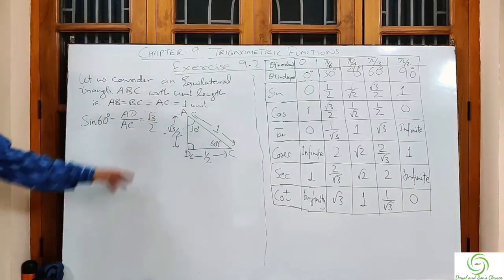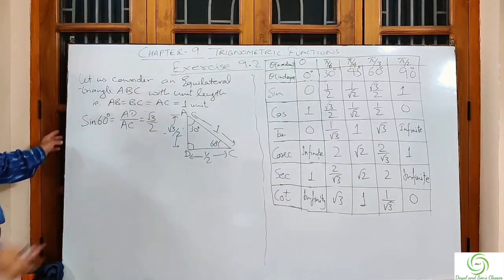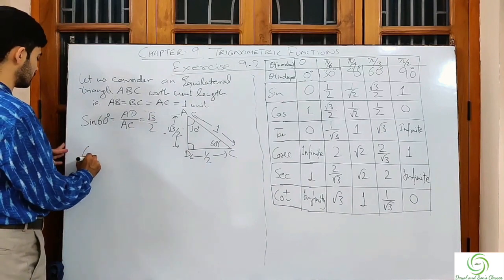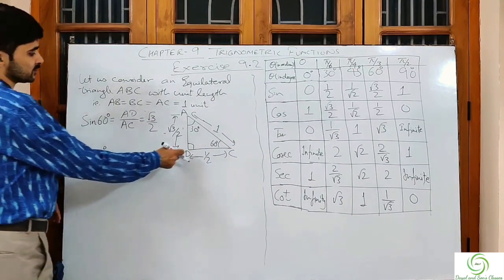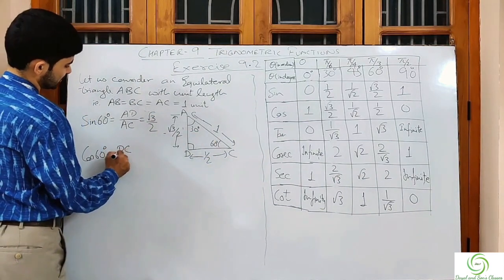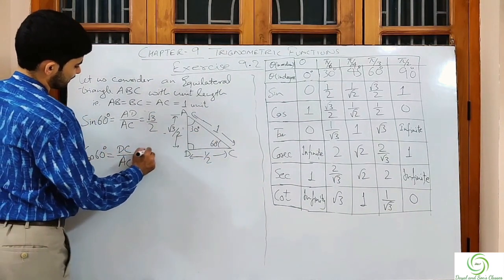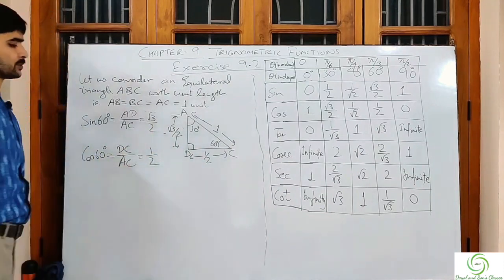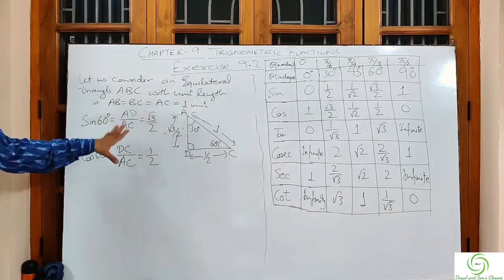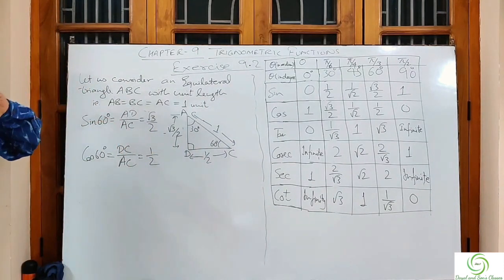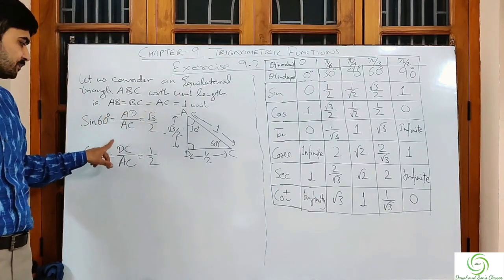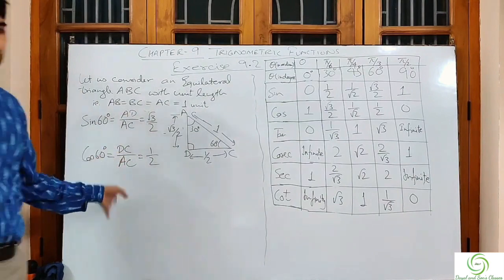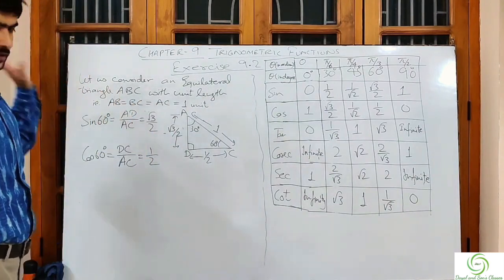This value will give me root 3 by 2. Similarly cos 60 degree will be equal to DC upon AC, that is equal to 1 upon 2. This value we have already calculated in the case of 30 degree. DC upon AC is half, that we have just calculated, so I am not calculating it again.